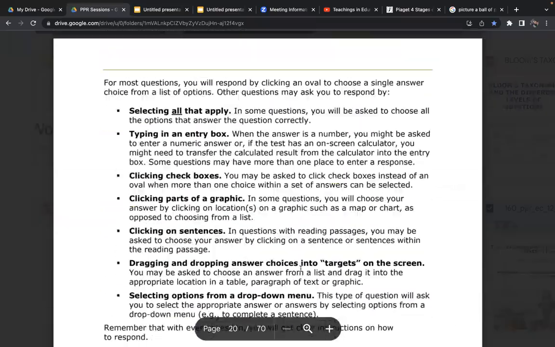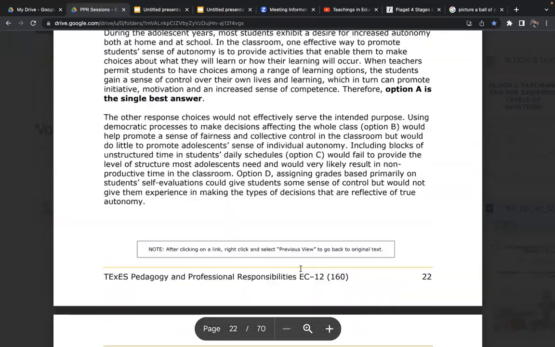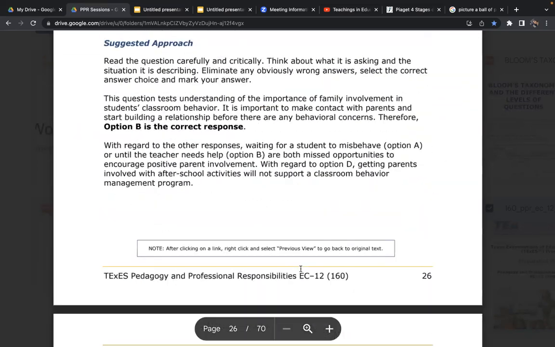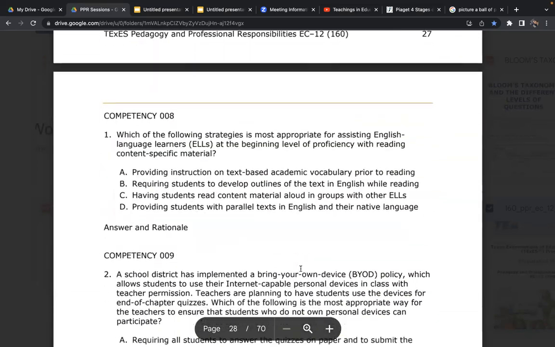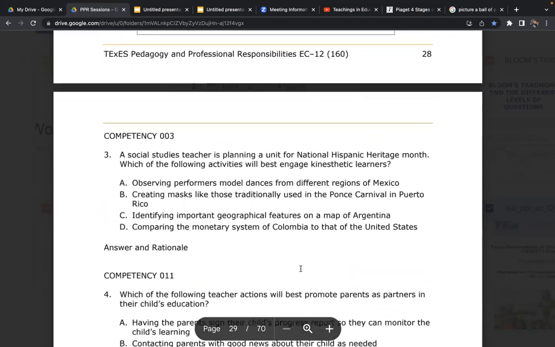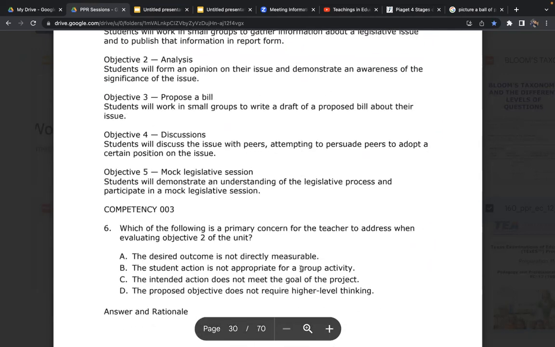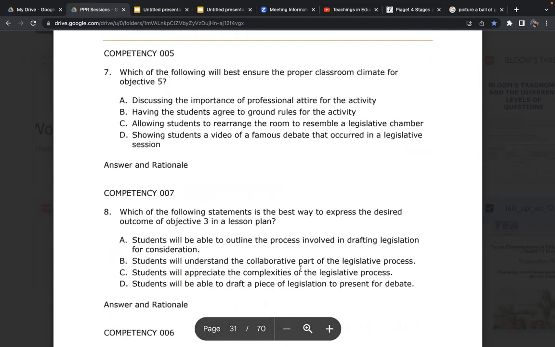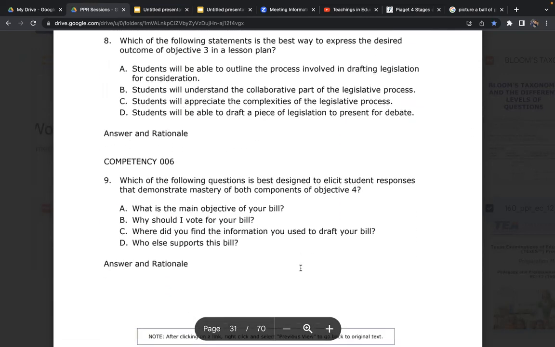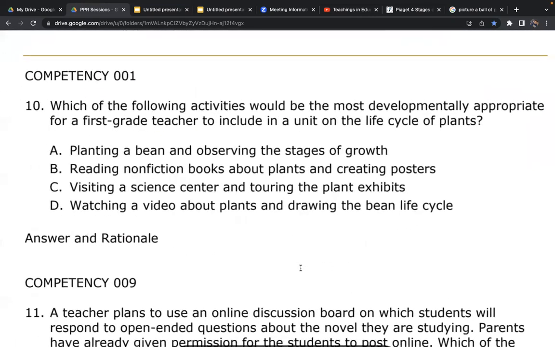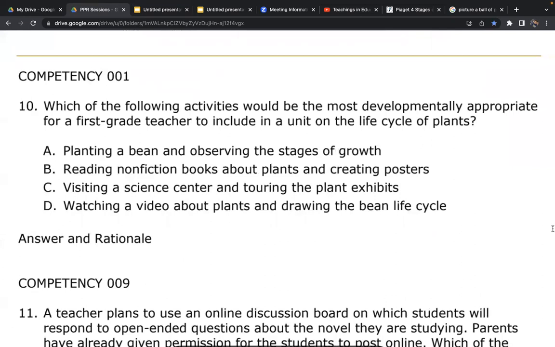Let's see if I can find it quickly. Aha. This is a Piaget question.